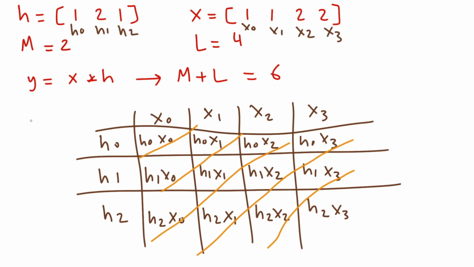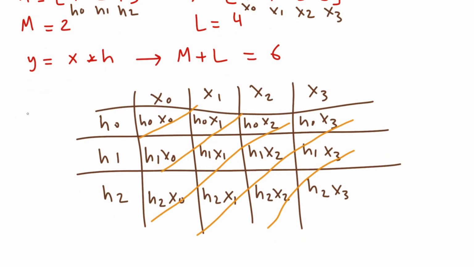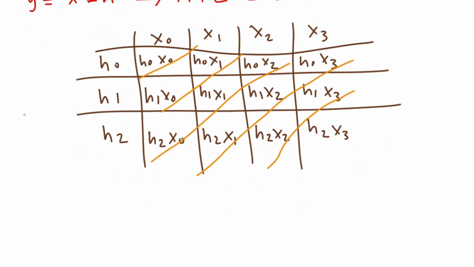For example, let me draw it underneath. y0 will be the first part, which is h0 x0. y1 will be the second part, h1 x0 plus the other element, h0 x1.